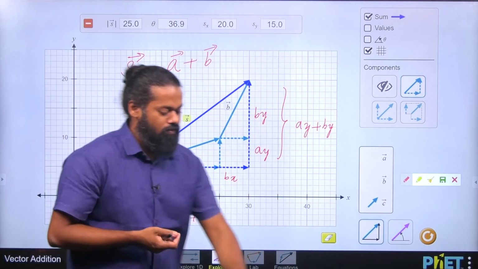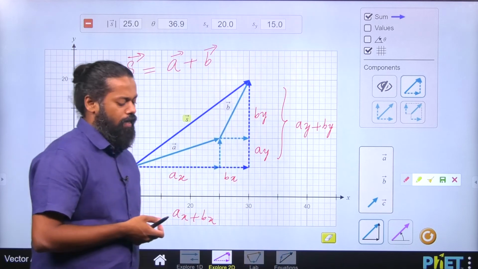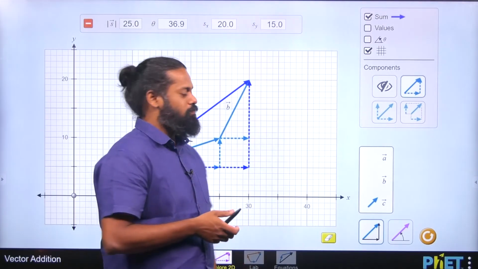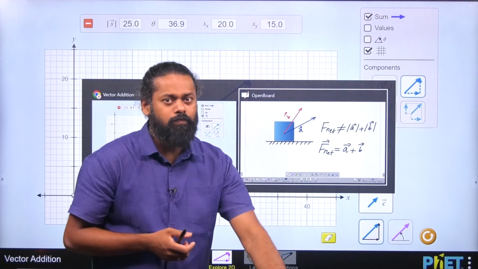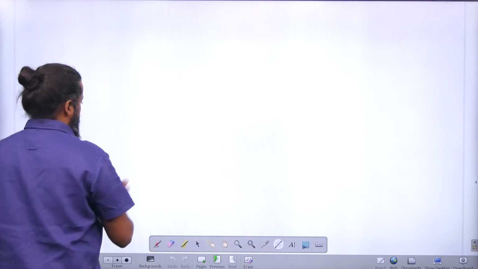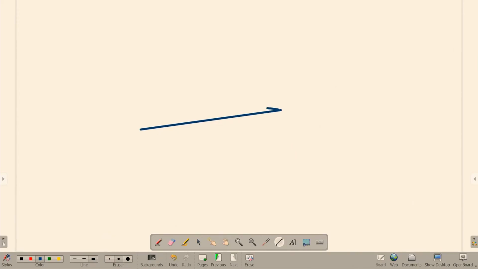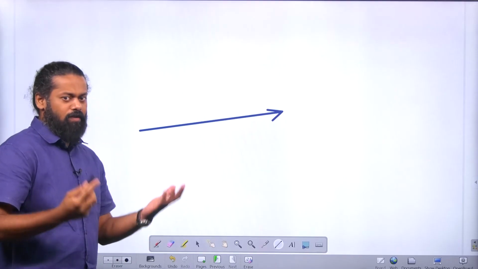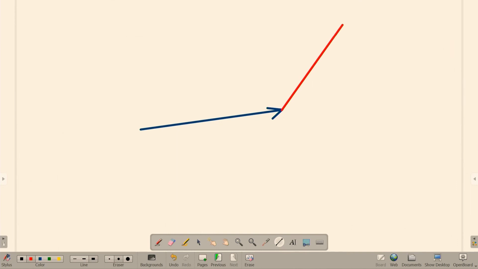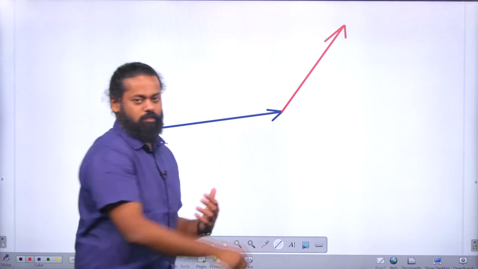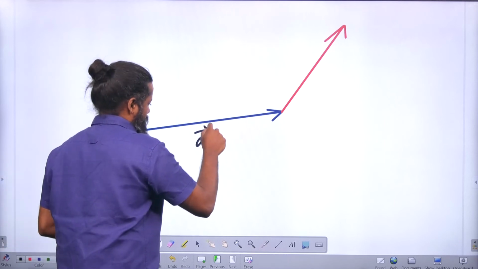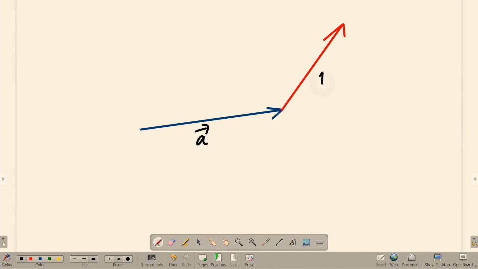I'll brief in a second. Before concluding this video, I'll just quickly brief this. Assume that you have two vectors acting something like this. This is the first vector. What do you have to do? The tail of the second vector, you have to connect to the head of the first vector. So, in our case, this is A vector and this is B vector.